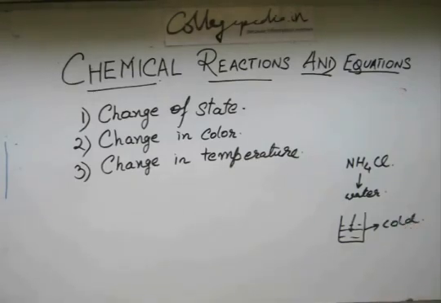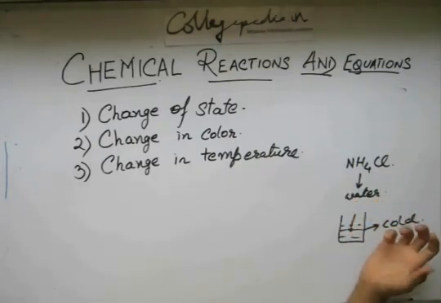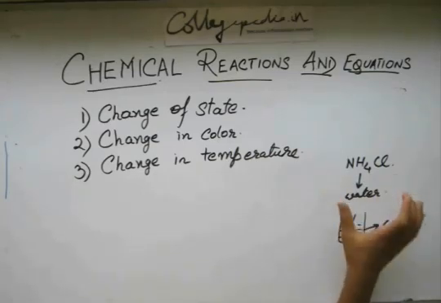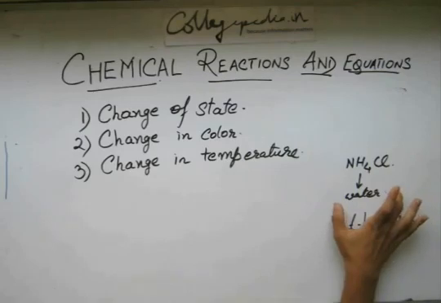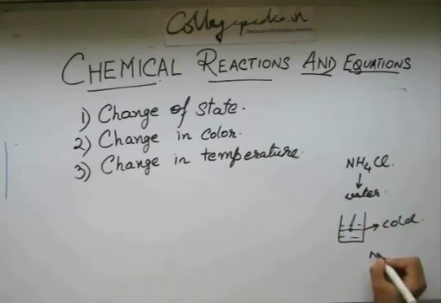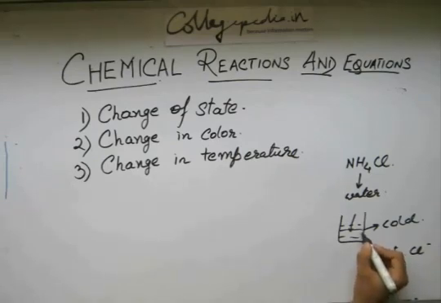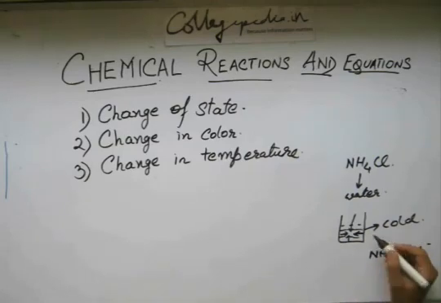That is because this ammonium chloride, when mixed with water, needs heat to react with the water. Ammonium chloride reaction with water is just the dissociation of ammonium chloride into its ions, NH4 plus and Cl minus. But to form these ions, it needs some energy. And from where does it take the energy? It takes the energy from the walls of the beaker. That is why the walls of the beaker, when you touch them, go cold.